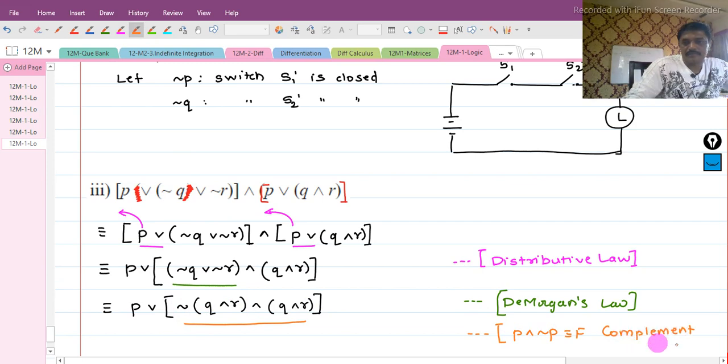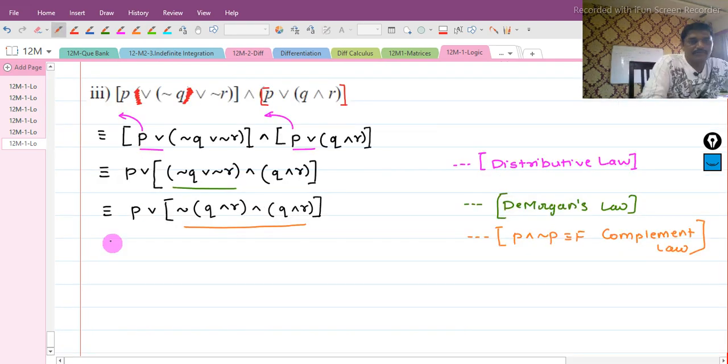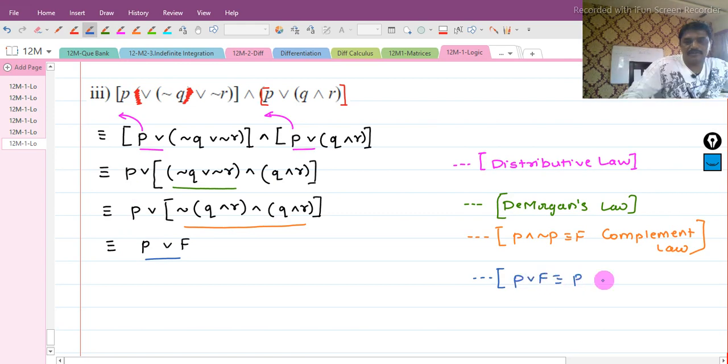So let's apply it here. This is going to be P or false. What is this? P or false is actually P. If it is true then true comes, if false then false comes. So this is actually the identity law. Making use of the identity law, this is going to give me P.